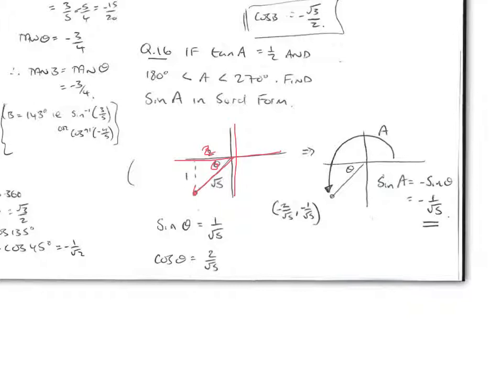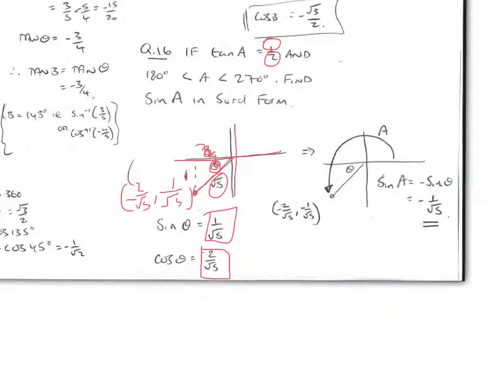This tan is equal to opposite over adjacent, so the opposite is 1 over the adjacent is 2, and that means that this is root 5 because that's square root of 2 squared plus 1 squared. So the sine of theta is 1 over root 5. It's the opposite over the hypotenuse, and the cos theta is equal to 2 over root 5, and the coordinates of this would be minus 2 over root 5 and minus 1 over root 5.